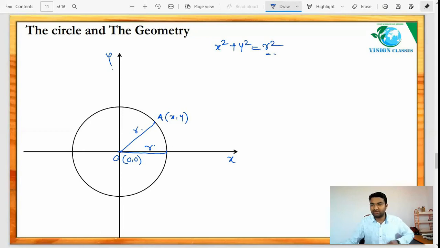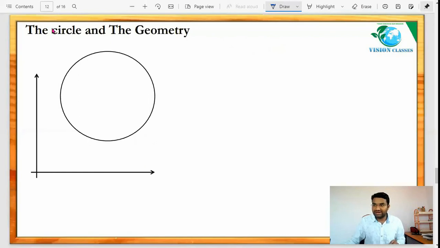So you will get the equation of the circle, which is x square plus y square is equal to r square, when the center is at the origin, means in this case center O is at the origin of x and y. Got it?